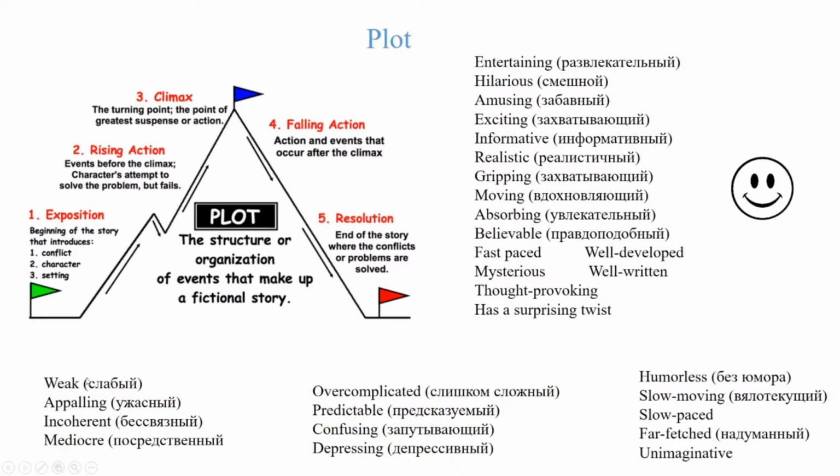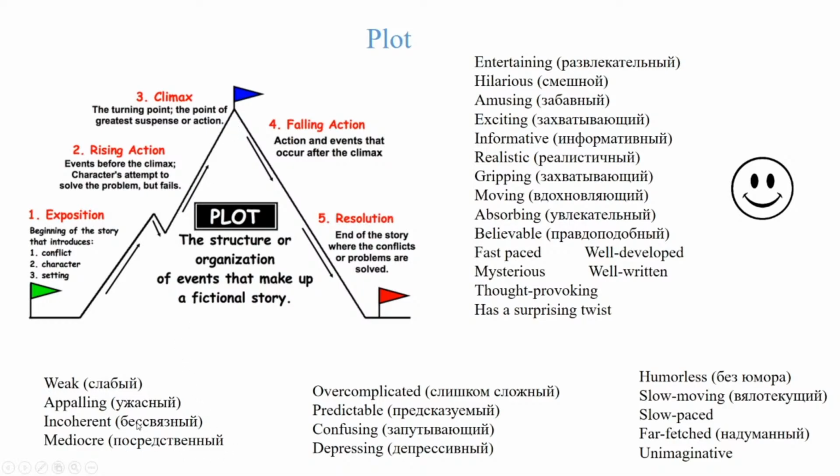That's why we need to know a lot of adjectives that can be useful to show our bad opinion. For example, predictable. When you see from the beginning what could be the climax, it will not be interesting to watch.